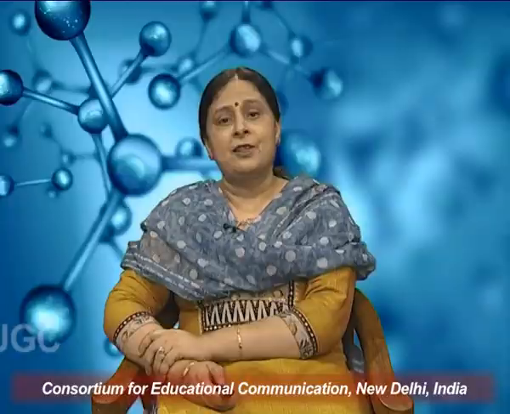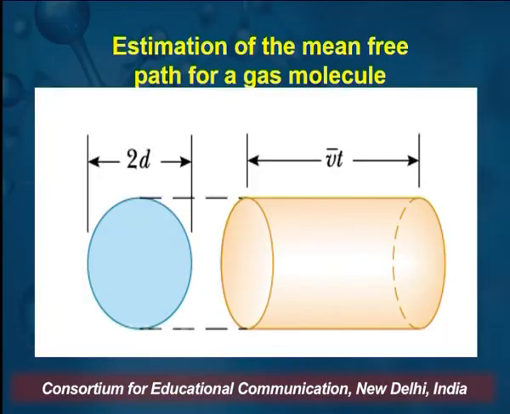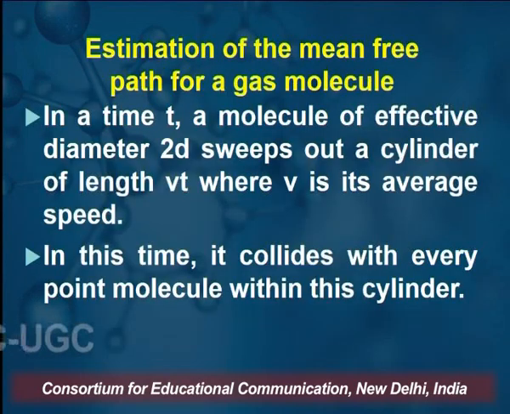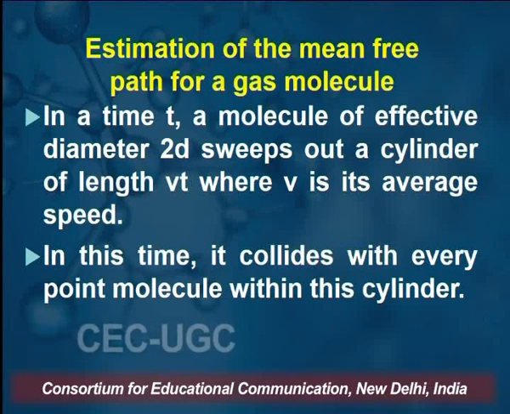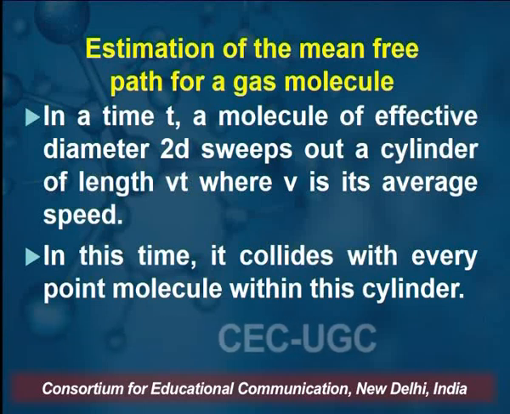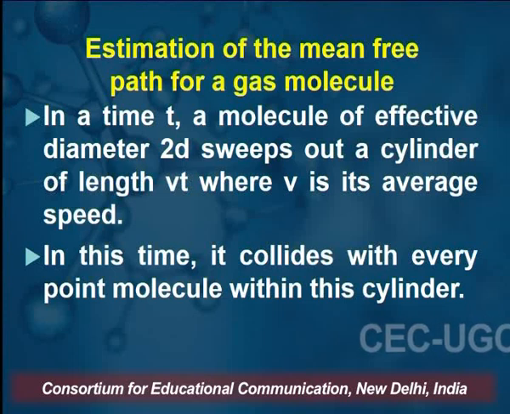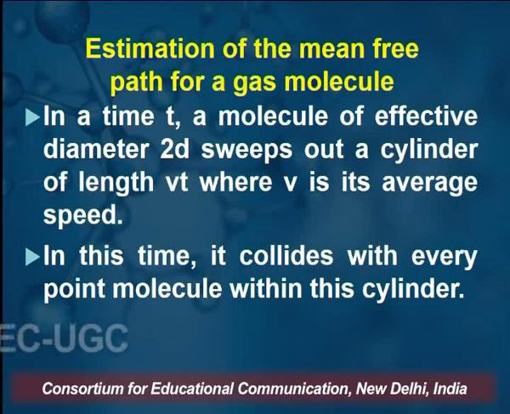This figure is showing the circle, the cross-sectional sphere and the cylinder of length vt. In a time t, a molecule of effective diameter 2d sweeps out a cylinder of length vt where v is its average speed.